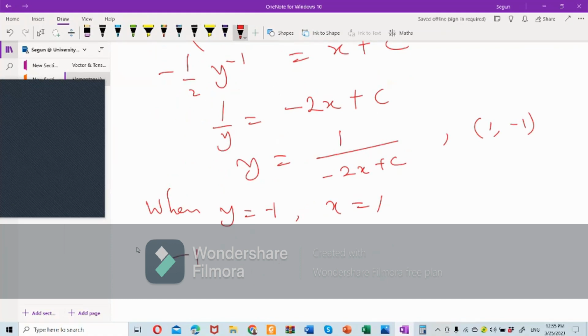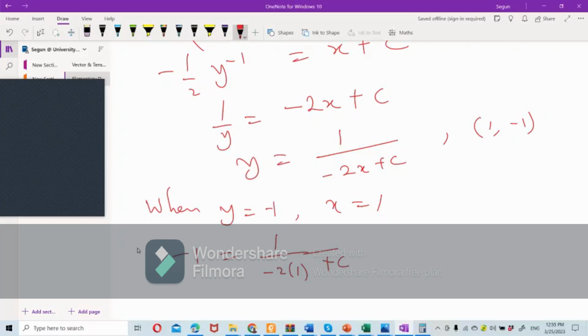Minus 1 equals 1 all over minus 2 into 1 plus c. Which implies that we have 1 all over c minus 2 equals minus 1.